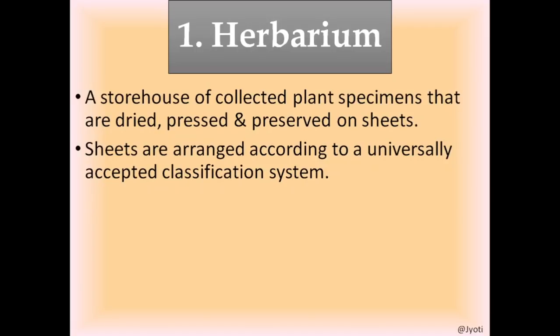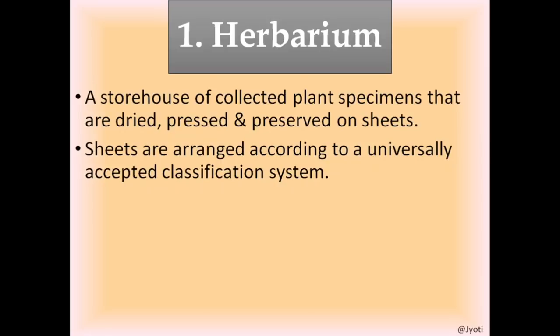I'll tell you the different steps of this herbarium, how to prepare a herbarium. Even you can prepare a herbarium at your own level. After preparing these sheets, the plants are preserved on the sheets, and then these sheets are arranged according to a universally accepted classification system.